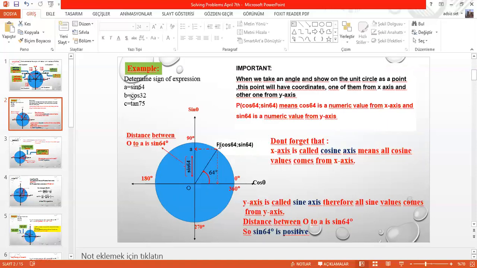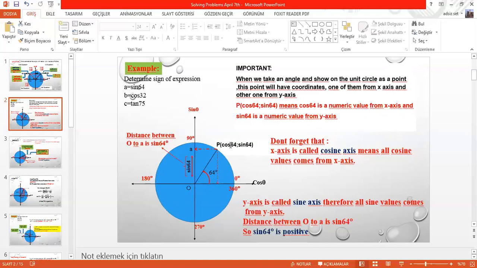Let's take a point P in the first quadrant. P is on the unit circle, and this is the 64 degree angle, and this triangle gives the sine and cosine values. The first component is cosine and the second component is sine, and always in the coordinate plane, the first component comes from the x-axis and the second from the y-axis.